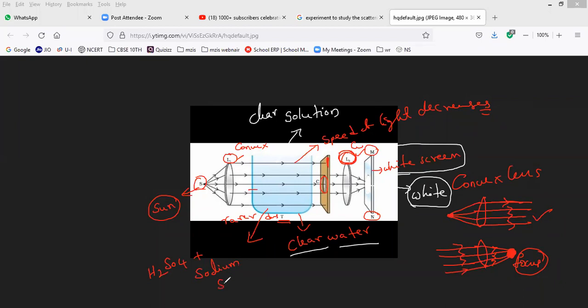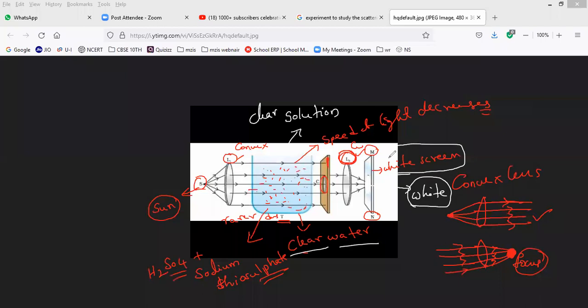These two chemicals will react together and produce sulfur particles.